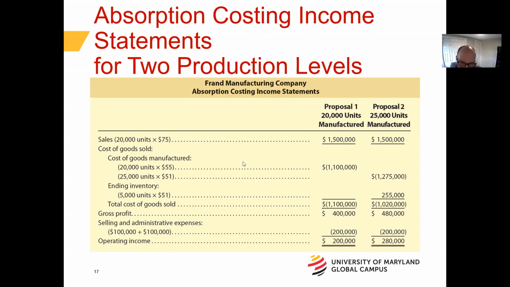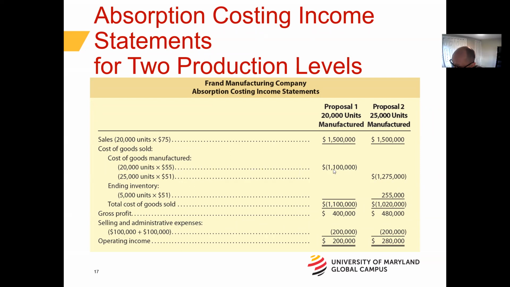In proposal 1, my cost of goods manufactured is 20,000 units at $55 per unit. Remember that $55 per unit represented fixed and variable cost per unit. So 20,000 units times $55 is 1,100,000 under proposal 1.